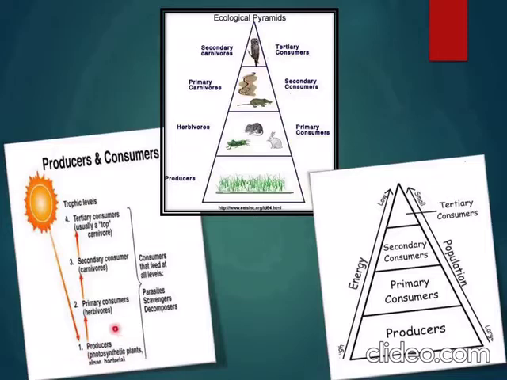So producers capture only 1% of the solar radiation for the process of photosynthesis. This energy is stored as chemical energy for preparing the food, right?